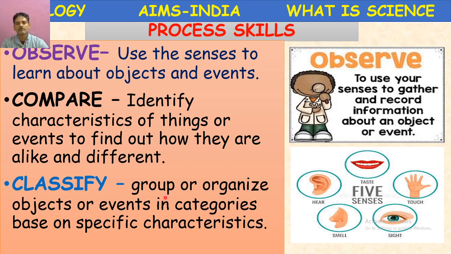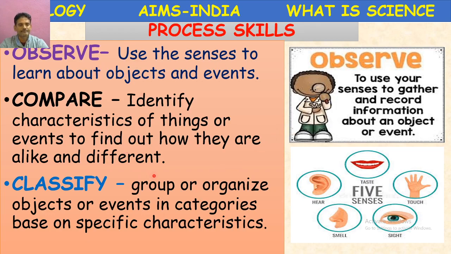You have to segregate them. Here are the 5 senses: sight, touch, hearing, smell, taste. These are the 5 main senses, out of which you should utilize at least 2 to 3 in observing objects.